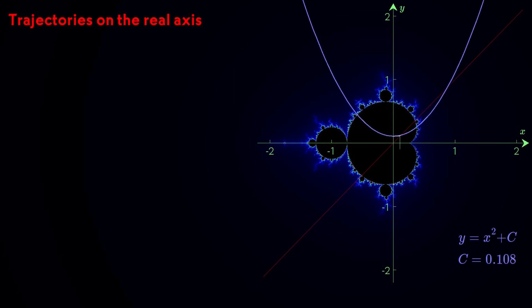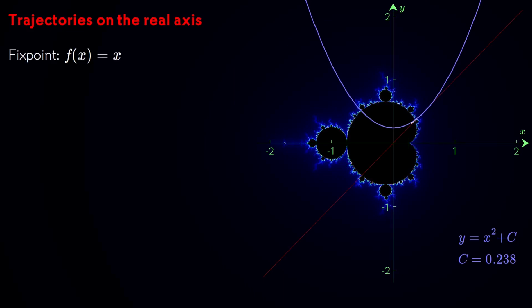There's a certain range of c that converge directly to a value. That value is called a fixed point, and for it to be the ultimate limit, obviously the iterated function at that point must return its argument. As we move to larger values of c, the parabola no longer intersects the y equals x line. There is no fixed point, and the iteration shoots off to infinity.